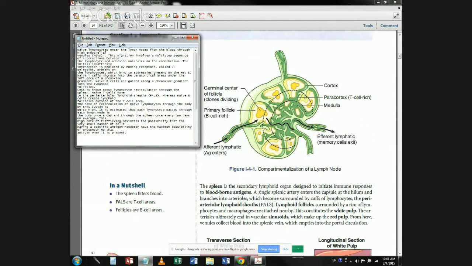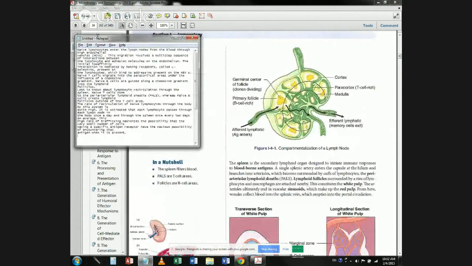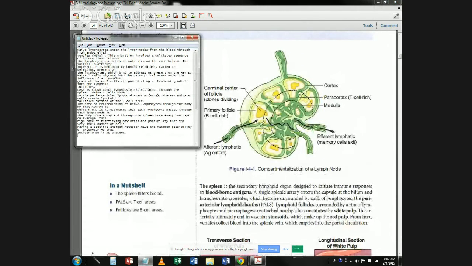Okay. But we're talking about lymphocytes. The lymphocytes are made in the thymus or the bone marrow, and from the bone marrow, they enter the blood. And from the thymus, they enter the blood, not the lymph. So what happens here is that you have a whole bunch of things going on.